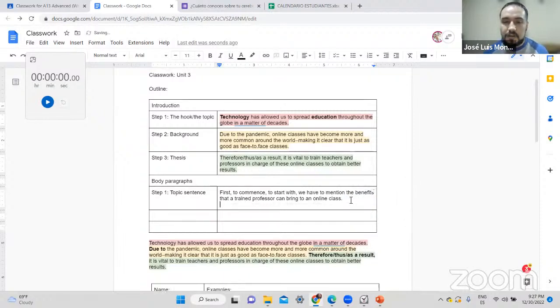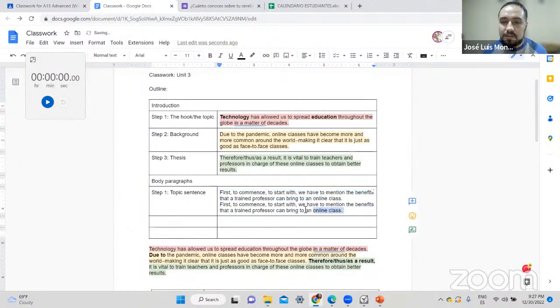I'm going to give one more. Another one can be, and then you decide what you want to talk about. Another one can be not the benefits, but actually it can focus on the opposite.